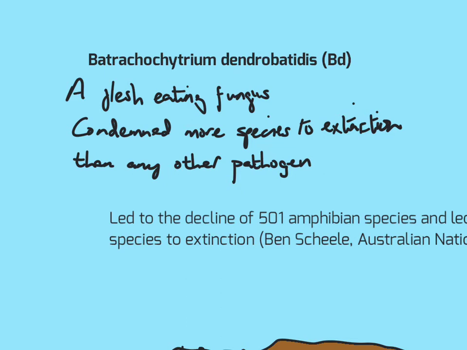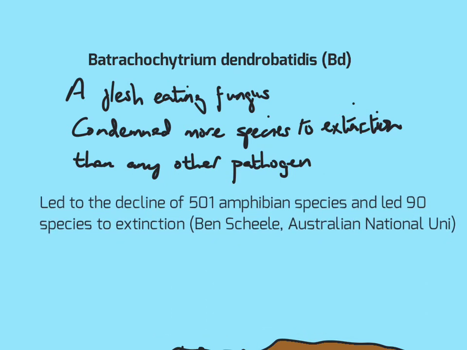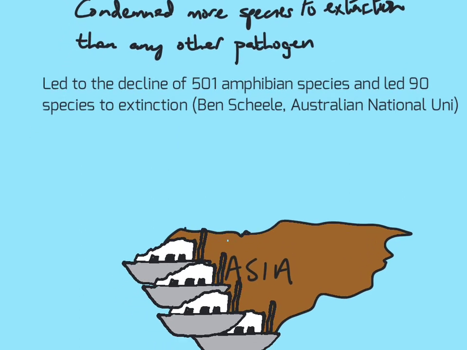It's condemned more species to extinction than any other pathogen. In actual fact, it's led to the decline of 501 amphibian species and led to 90 species to extinction. And that's from an expert in this field, Ben Scheele, from the Australian National University. So you can see the scope of the problem.